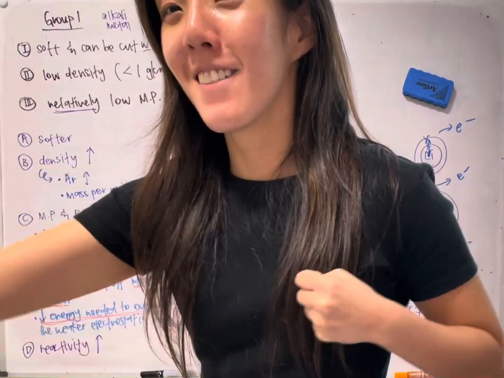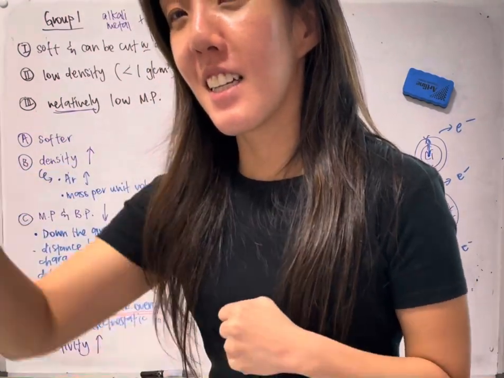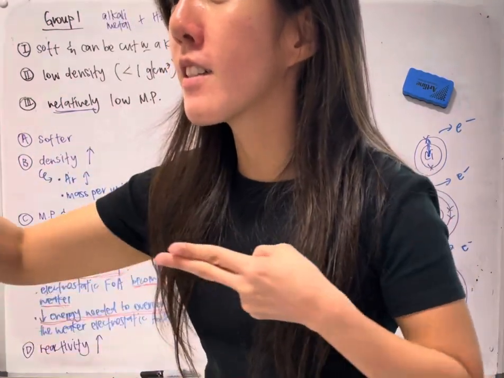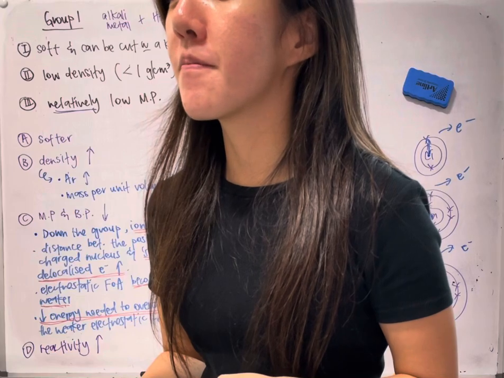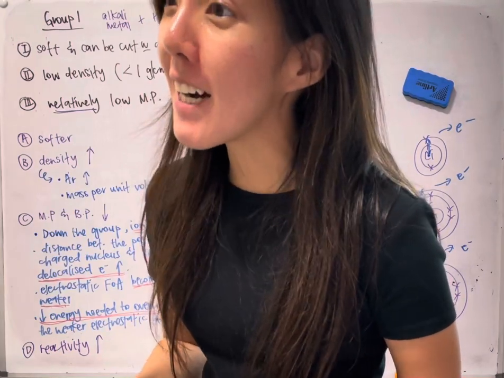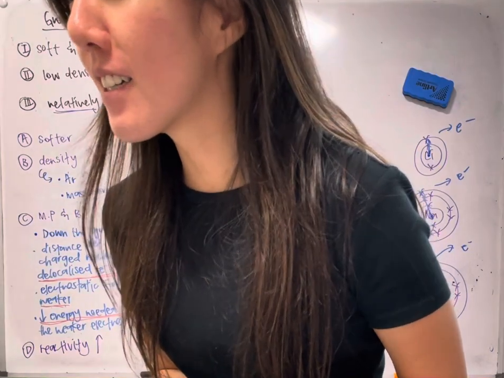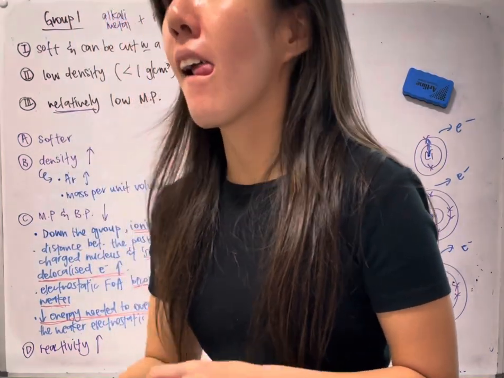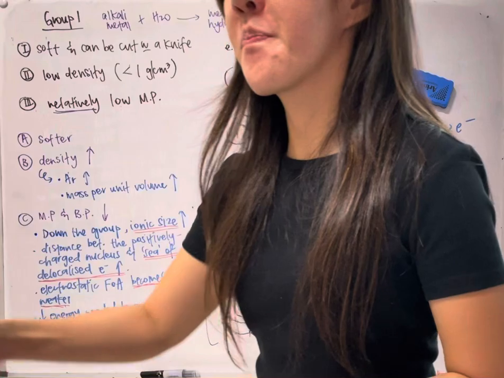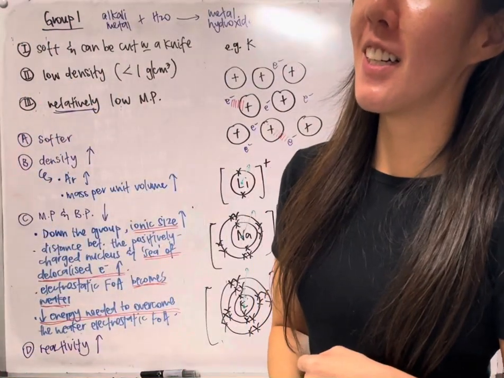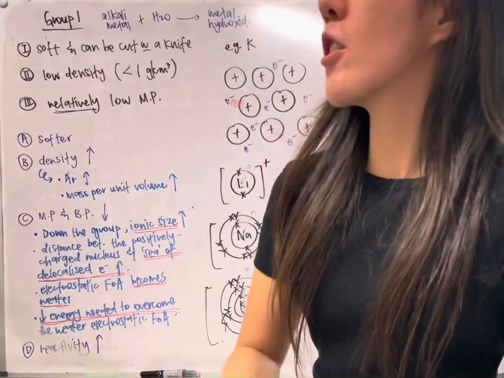Distance between the positively charged nucleus and valence electrons increases. So how do you end off? Don't speak like Yoda. Continue. The electrostatic forces become weaker, so it's easier to lose the valence electron. Very good.